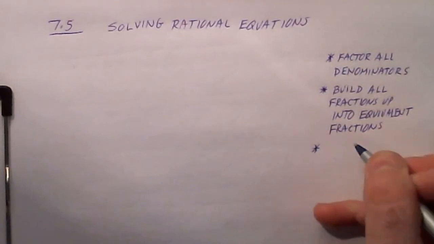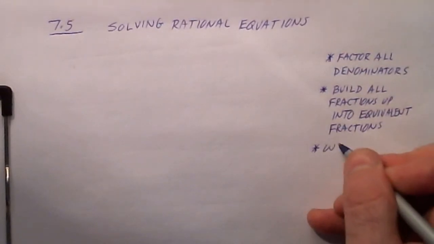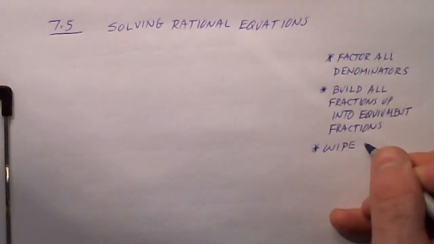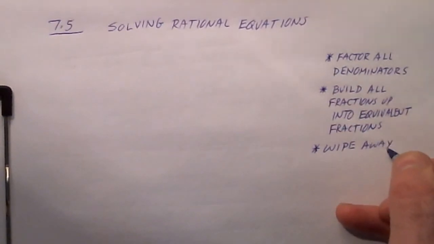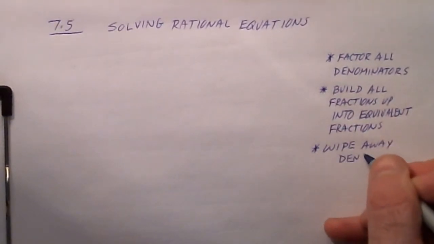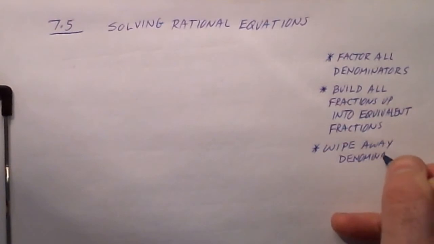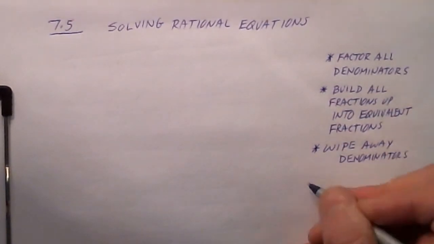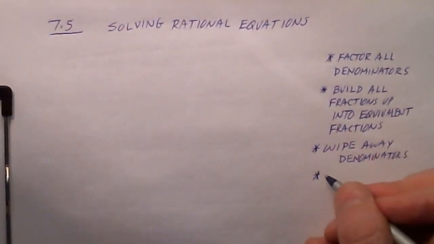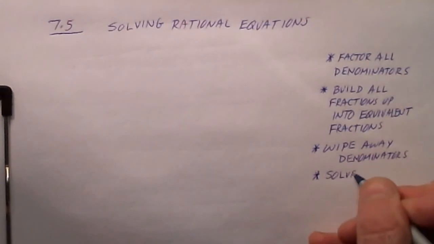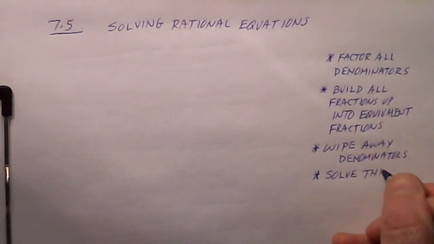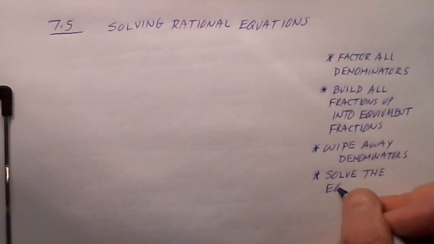And then once we do that, basically what we do is we just wipe away the denominators. And then we just solve the equation left behind.